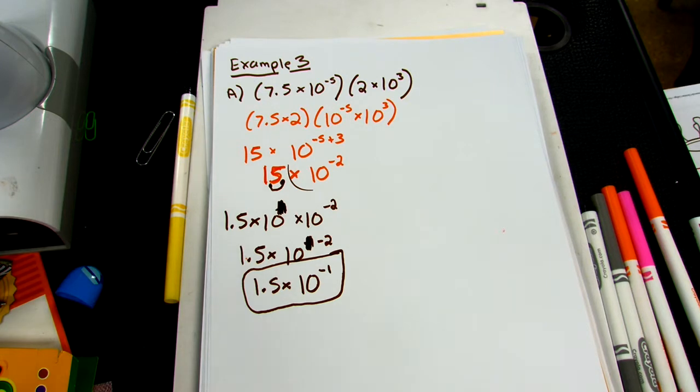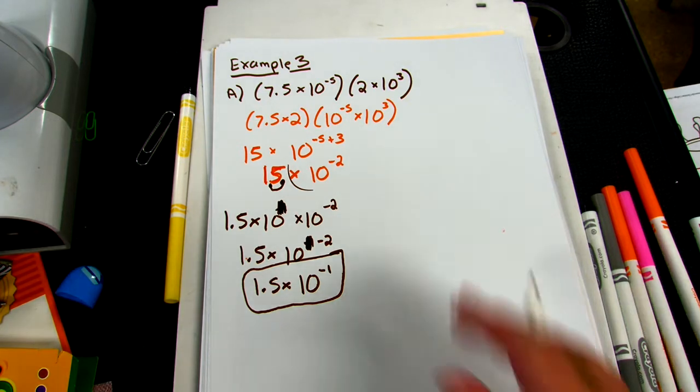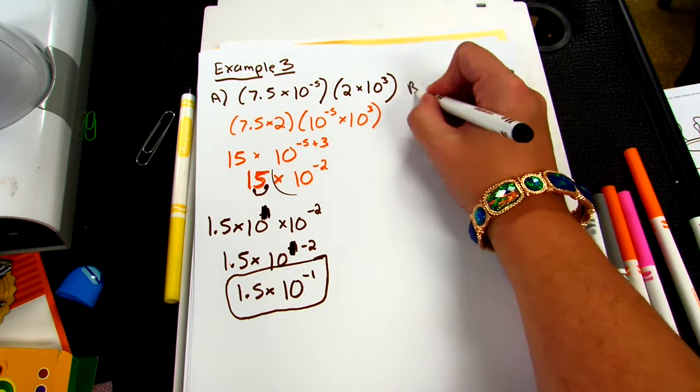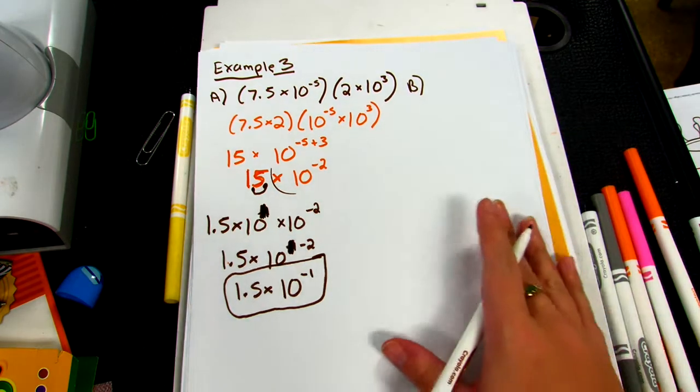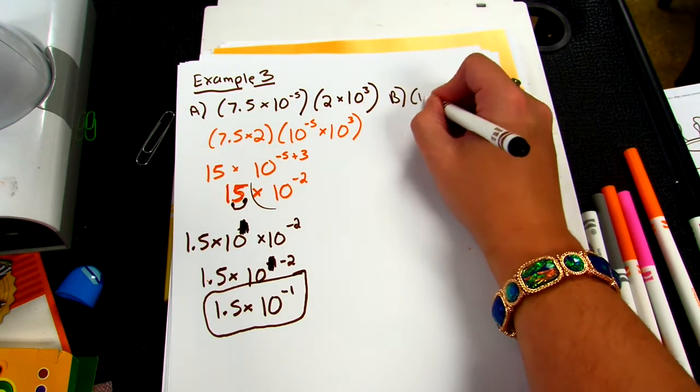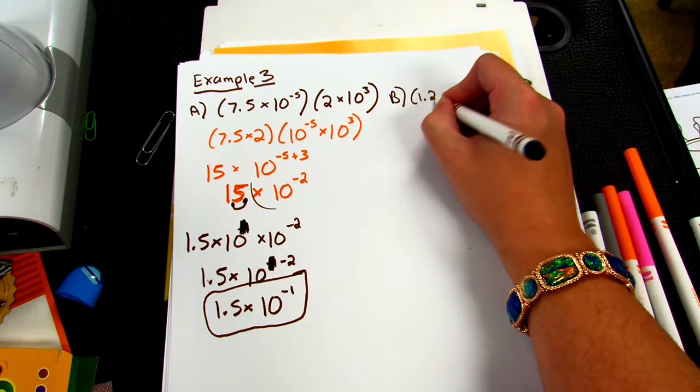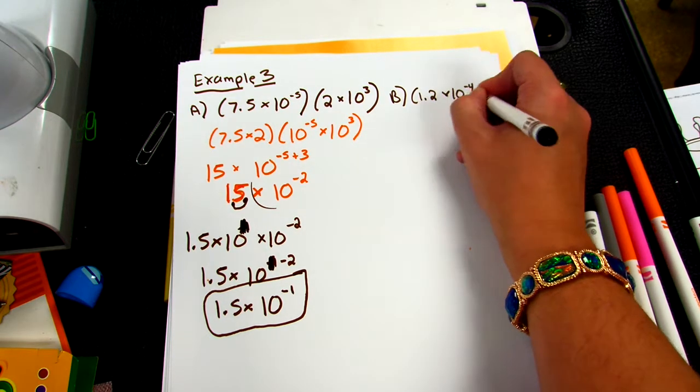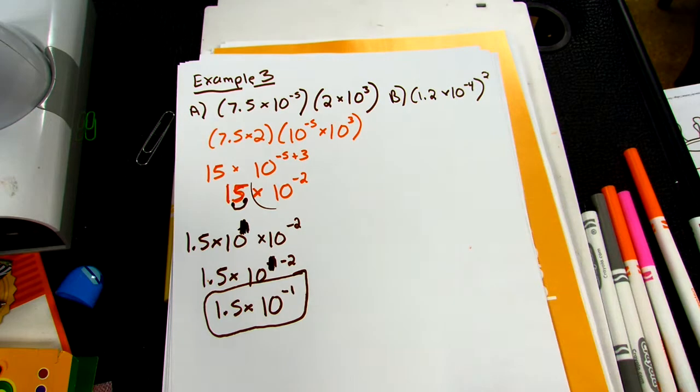Okay, let's look at B. So part B, for example 3, is 1.2 times 10 to the negative 4, squared. Okay, well that squared means to multiply by itself, right? So also you could say, well, that's the distributive, right?